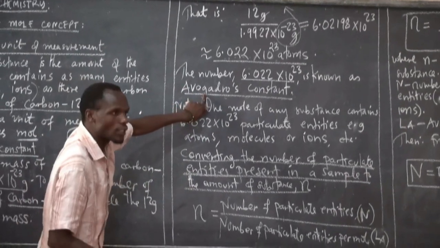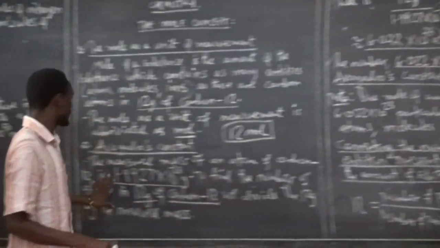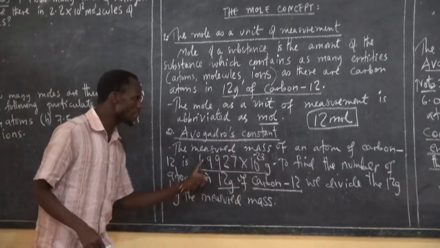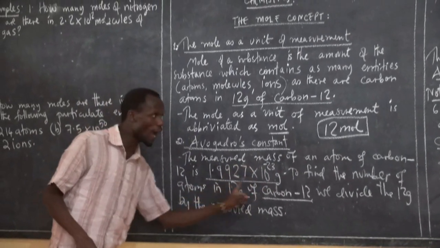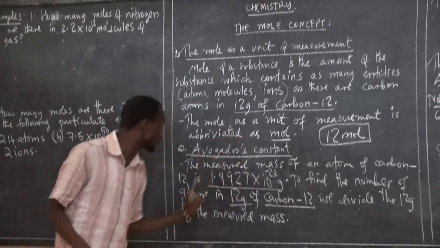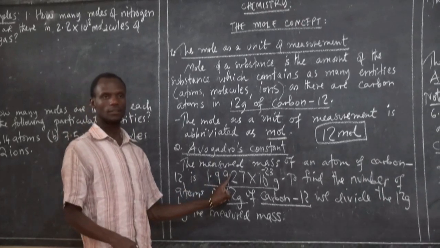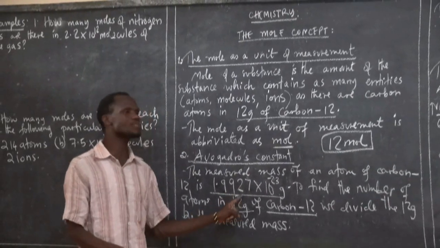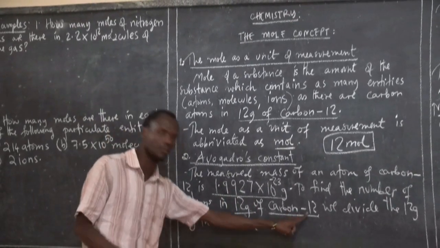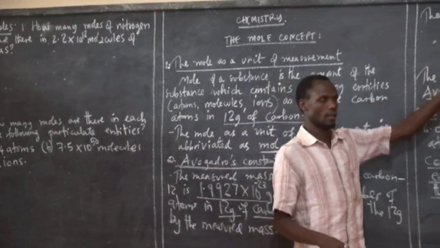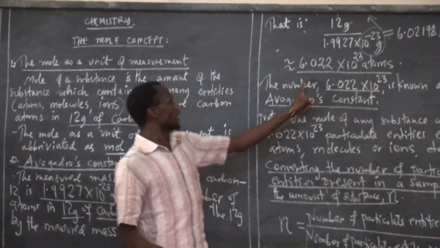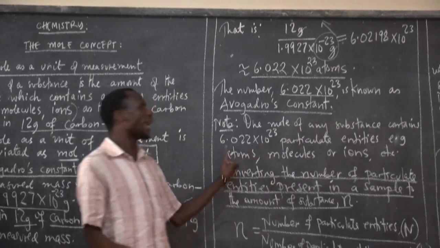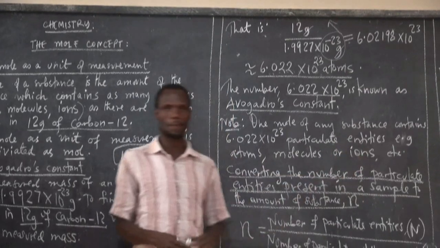Remember, from here we have taken the mass of one atom of carbon 12 as this one, so that we may know how to determine how many atoms are there in 12 grams of carbon 12, and that is what we have done. This implies that 1 mole of any substance contains these particulate entities.